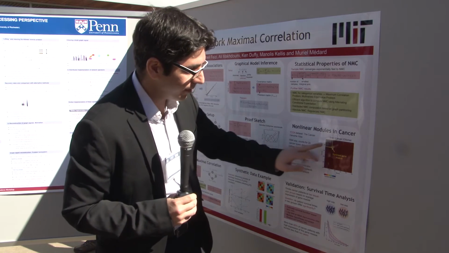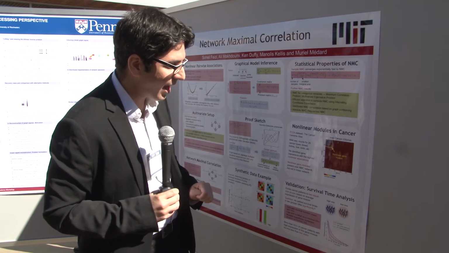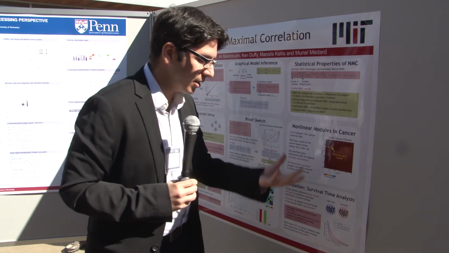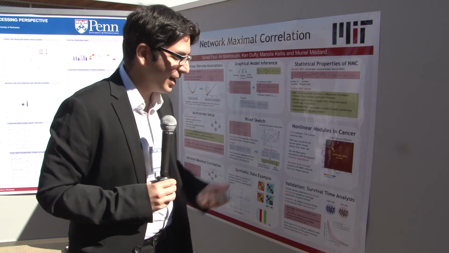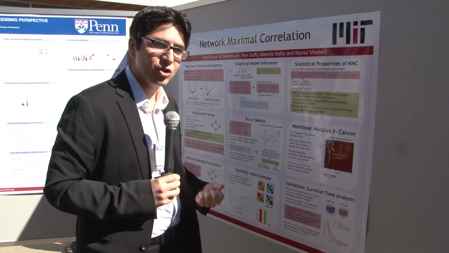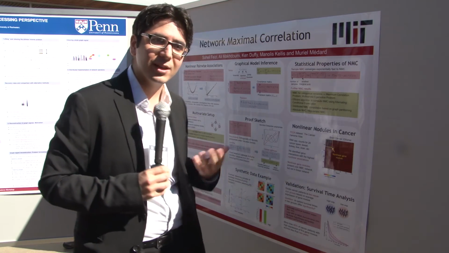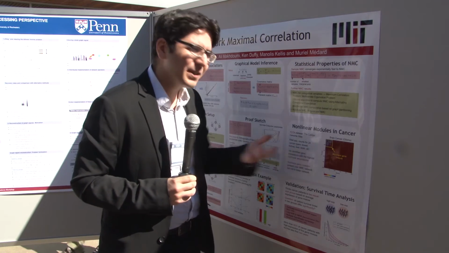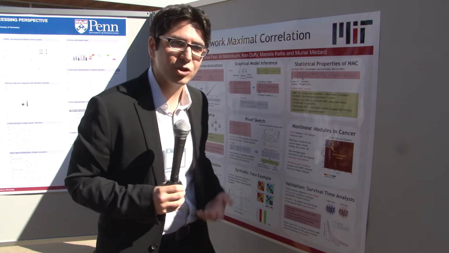And after we infer this graph, we infer this nonlinear gene module. These are the subset of genes that are highly nonlinearly interacting with each other, but you don't see this using a linear covariance analysis.